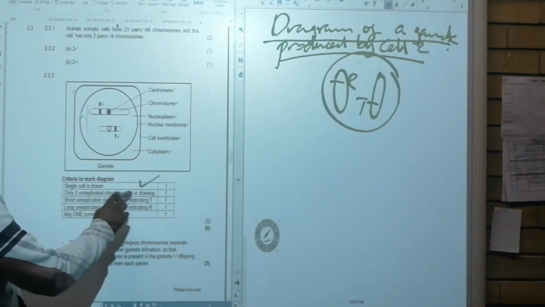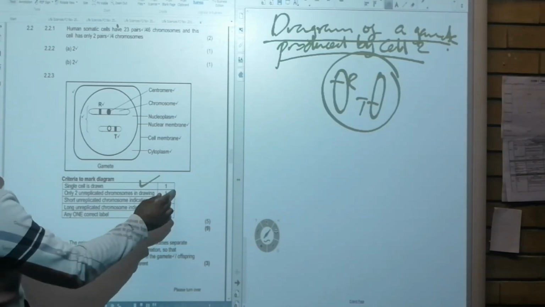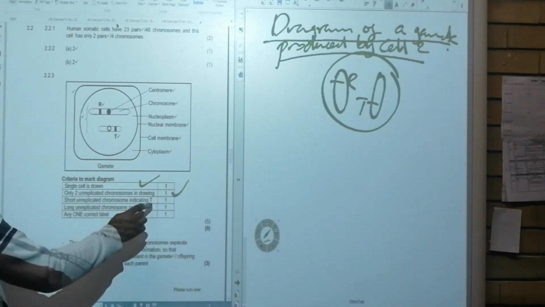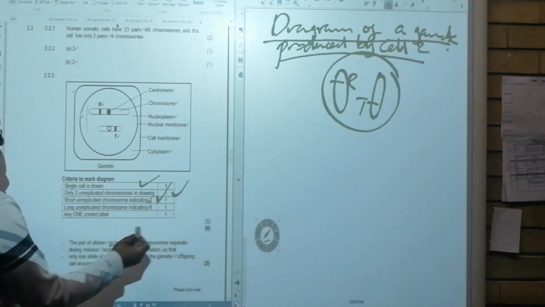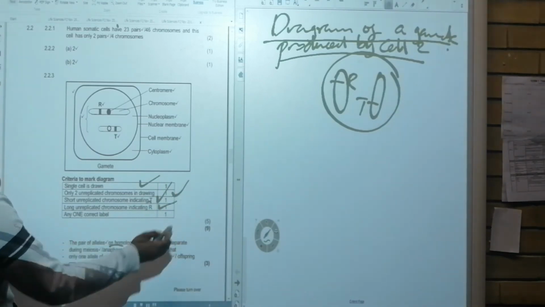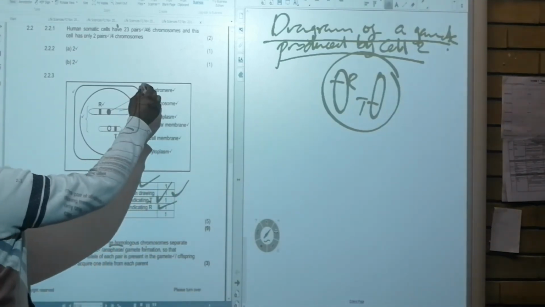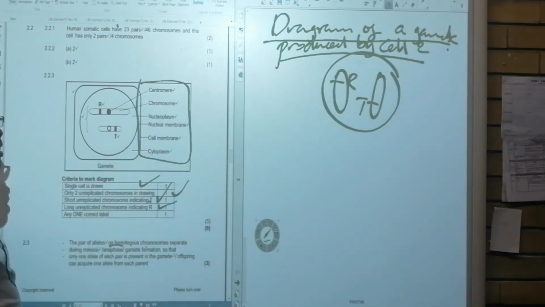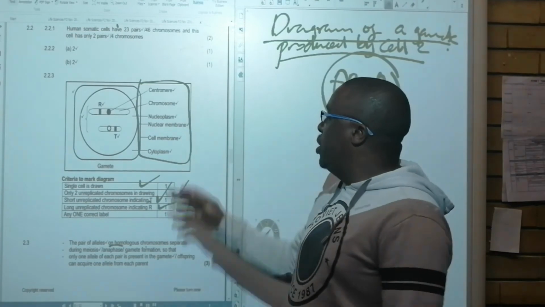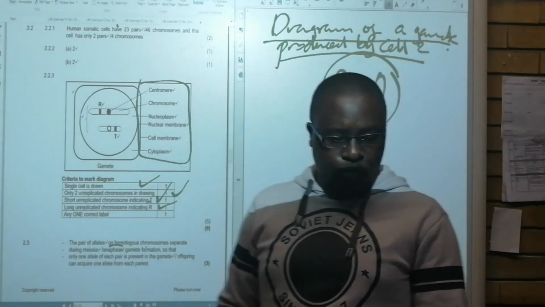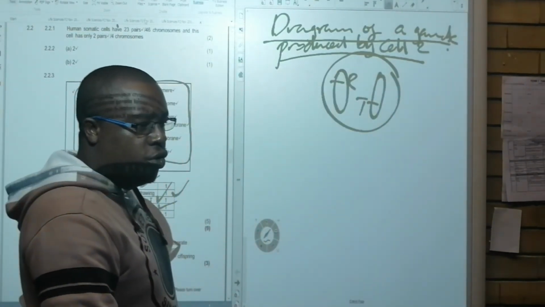Only 2 unreplicated chromosomes are showing, another mark. Short unreplicated, indicating dominant T, and another one indicating dominant R, and any one of the correct labels. Ladies and gentlemen, we don't draw a diagram without labels. So any one of those was a mark. I hope you got that.